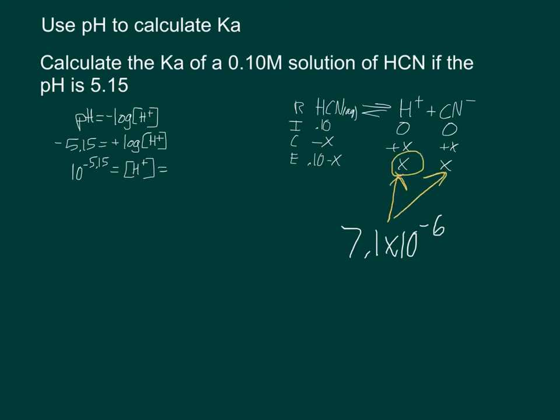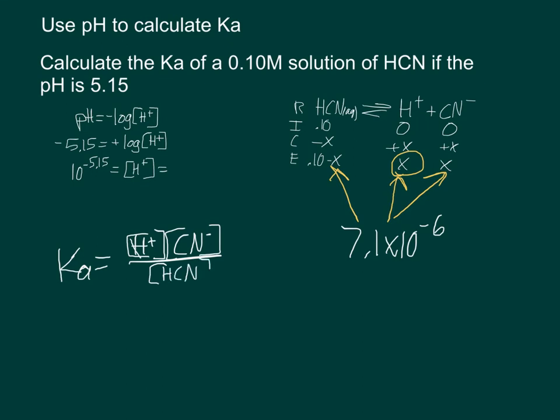So it's going to be x in all of these cases, and therefore we can plug those in and use it to solve for the Ka, because we know that the Ka is equal to the concentration of H plus times the concentration of CN minus over the concentration of HCN, hydrogen cyanide.